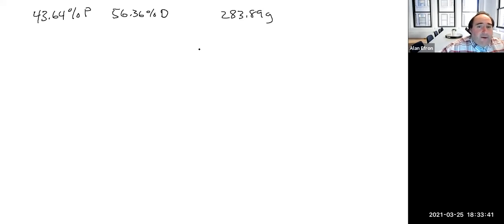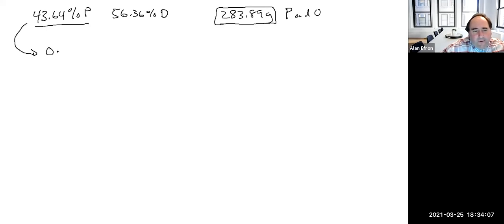These are the percentages by mass of each of these elements. So this number is made up of the mass of phosphorus and oxygen. We could take the percentage of phosphorus and convert it into a decimal by dividing by 100.